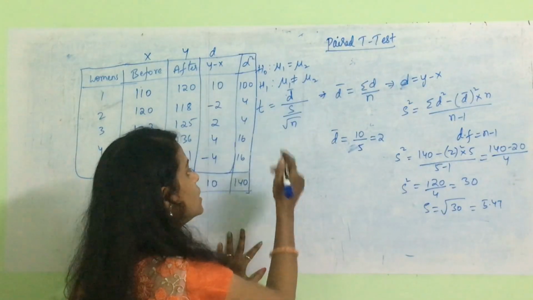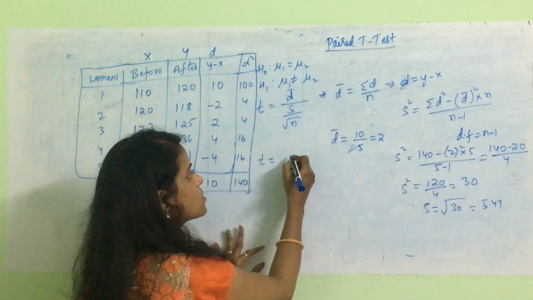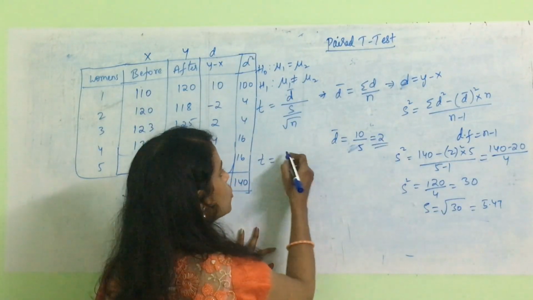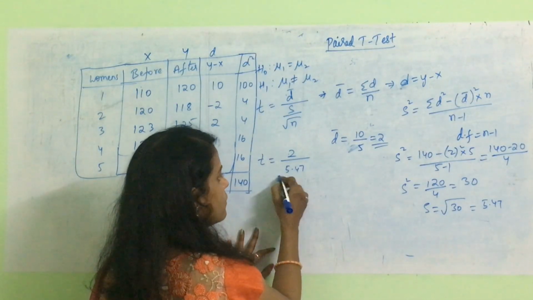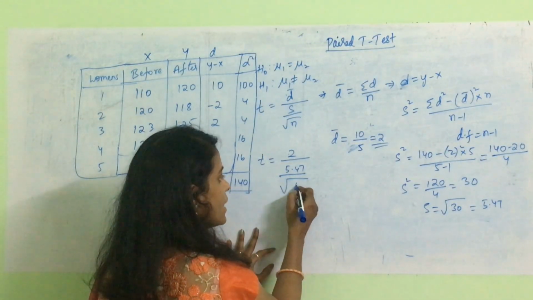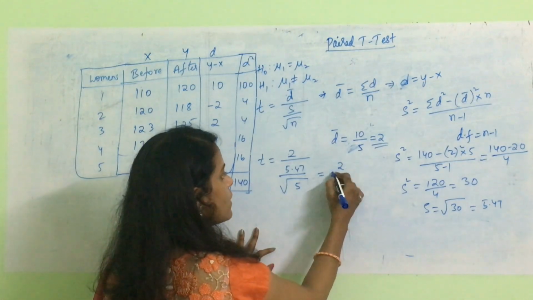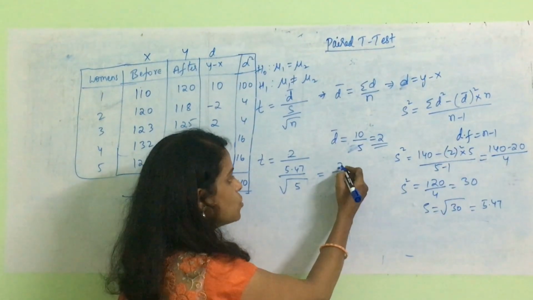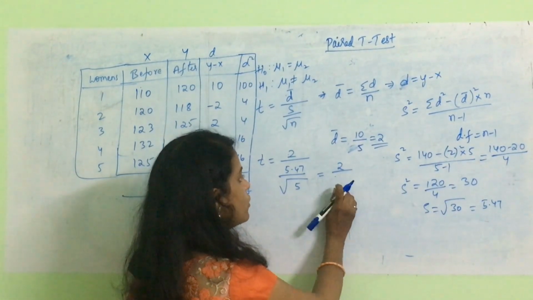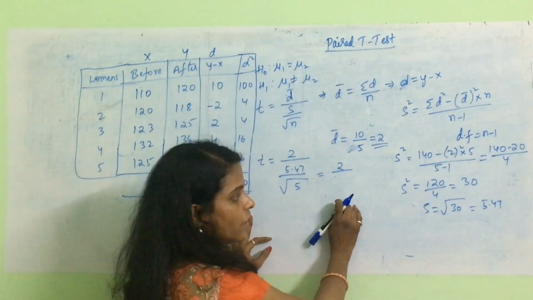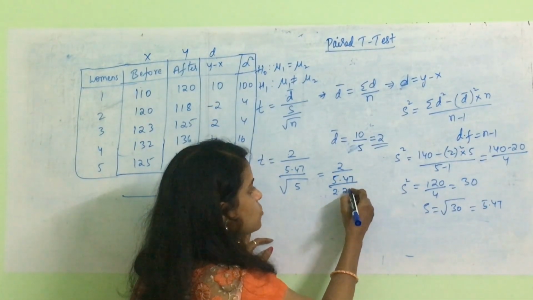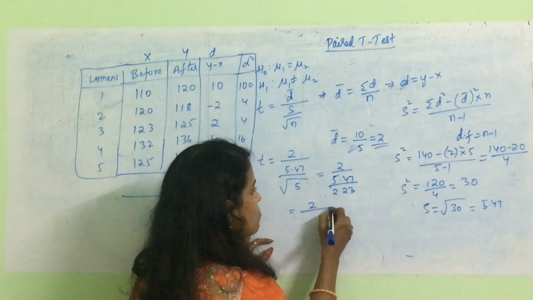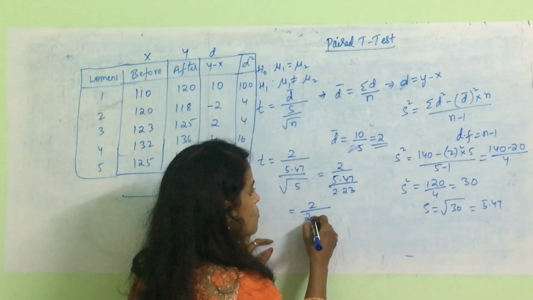Now substitute that in t. t equals d bar, which is 2, divided by s, which is 5.47, by square root of n. N is 5, and the square root of 5 is 2.23. So 5.47 by 2.23 is 2.45.